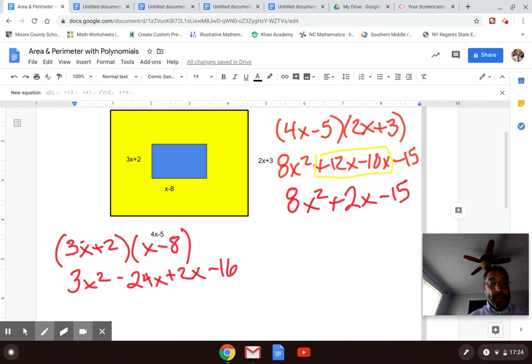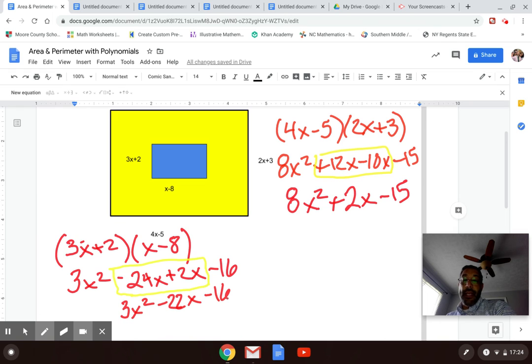So then again, I combine these like terms so I can write this in standard form, and that gives me 3x squared minus 22x minus 16.